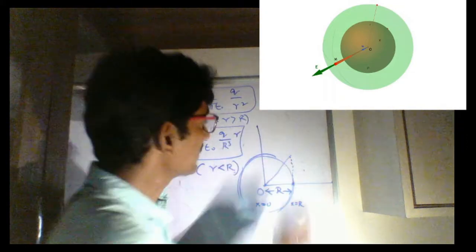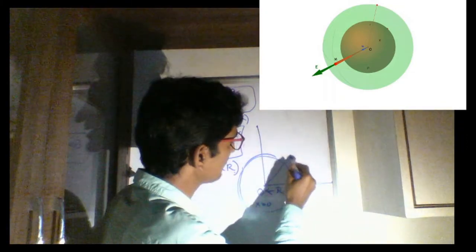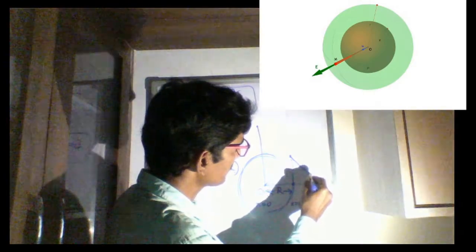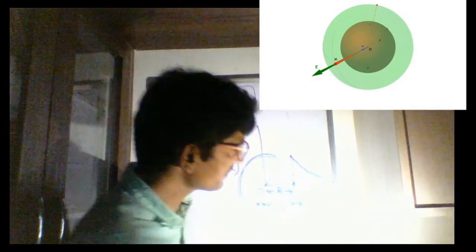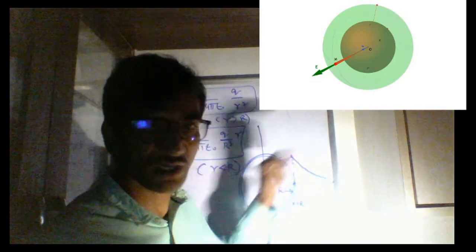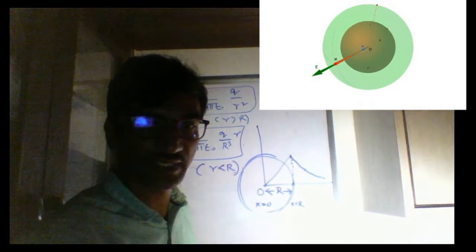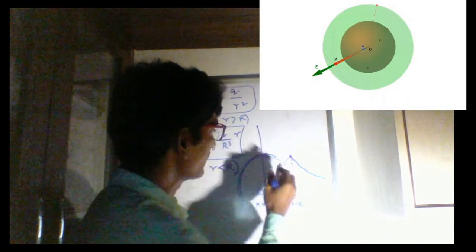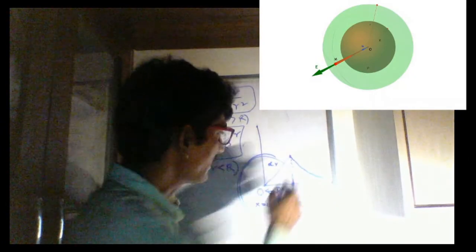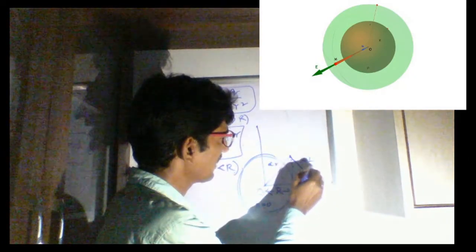That's why your graph will be like this. As you just leave the sphere, field intensity goes on decreasing. Here this is proportional to r, here this is proportional to 1 by r square.